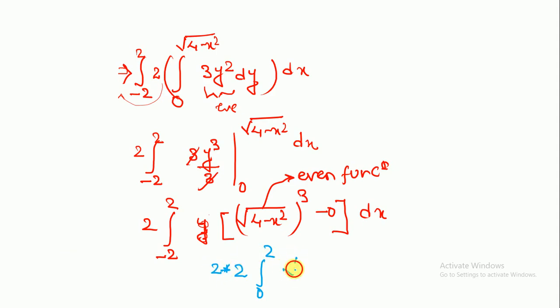You will get root under 4 minus x square whole cube into dx. Now this question turns into a very simple problem: 4 integral 0 to 2 of root under 4 minus x square whole cube dx.